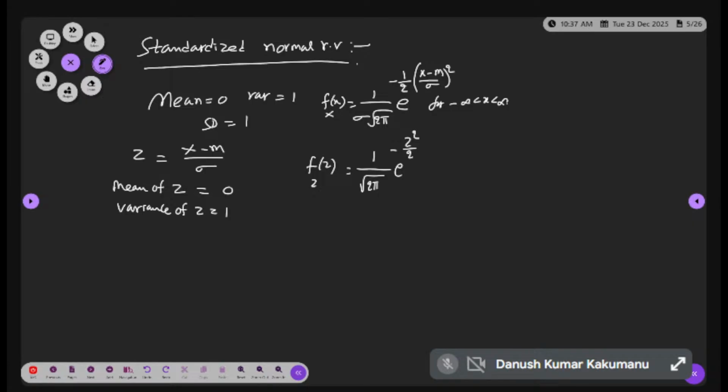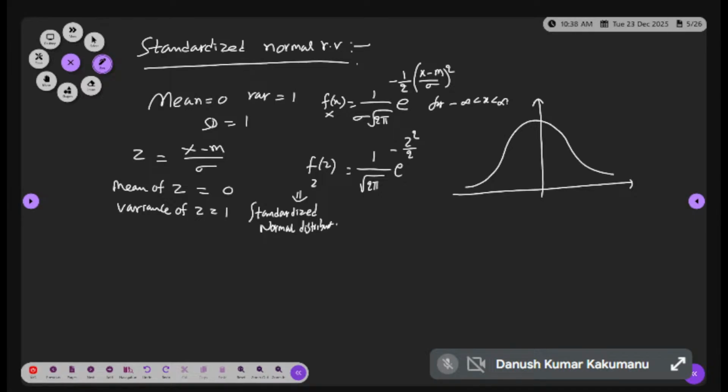What is the name of this distribution? We call it the standardized normal distribution. All of you know the normal distribution graph. This is the normal distribution graph, symmetrical to the y-axis.